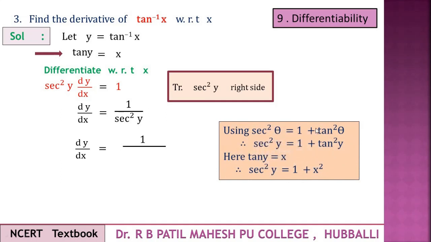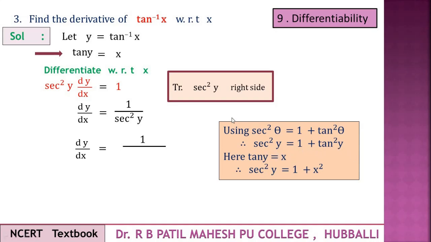Like this you have to recall. You have to understand why we are using this identity only: because we have a relation between tan theta and secant theta. For the y variable, secant square y is equal to 1 plus tan square y.